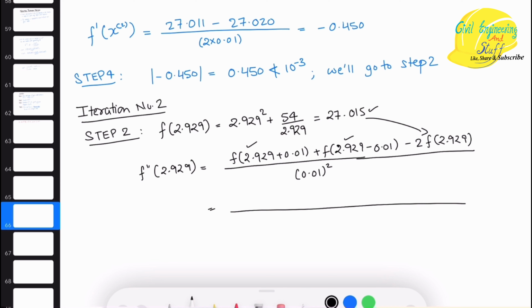Putting the values, we have 27.011, 27.020 minus twice of 27.015 divided by 0.01 square. Okay, so this will give you 2.652. Right, so your second derivative is this.